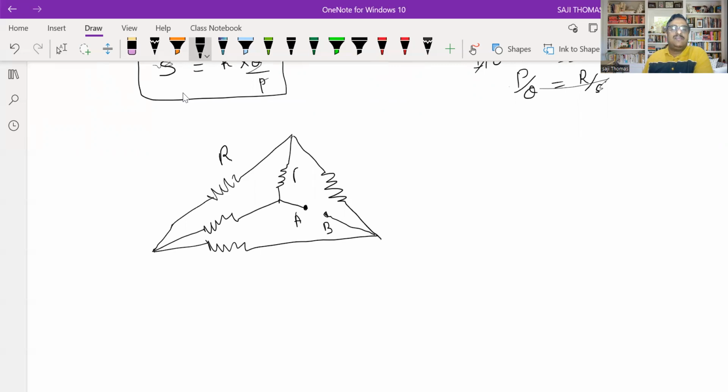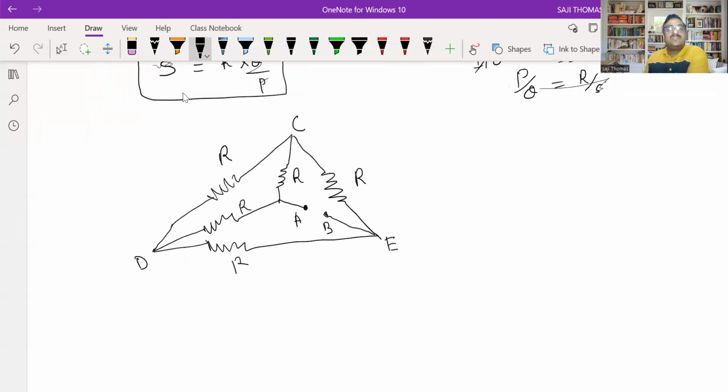All resistors have equal value, R, R, R. This point is A, this point is B, this point is C, this point is D, this point is E.